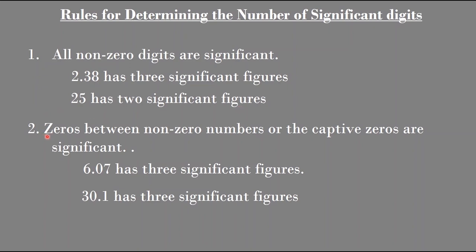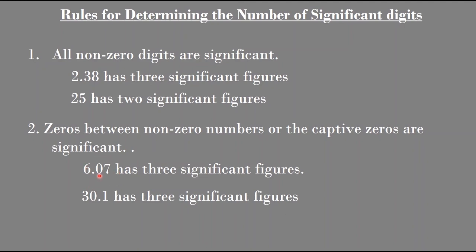The second rule to determine the number of sig figs is that zeros between non-zero numbers, or captive zeros, are significant. A captive zero is a zero which is trapped between two non-zero numbers. Here is the example. 6 is a non-zero number, 7 is a non-zero number, and 0 is in between these two non-zero numbers.